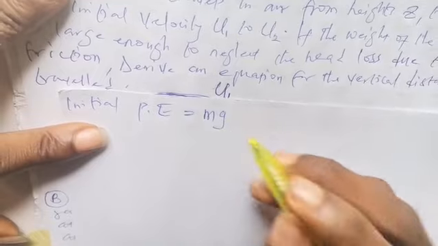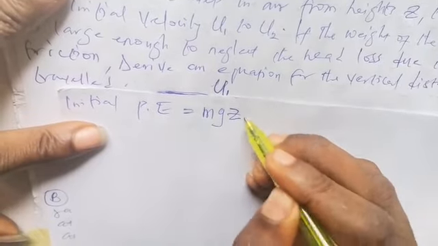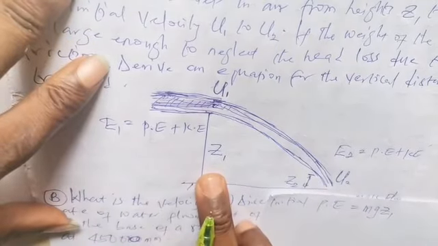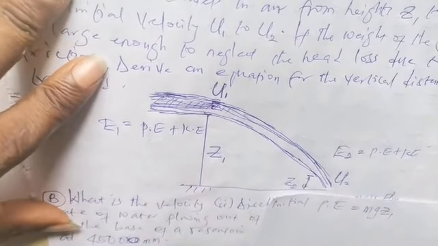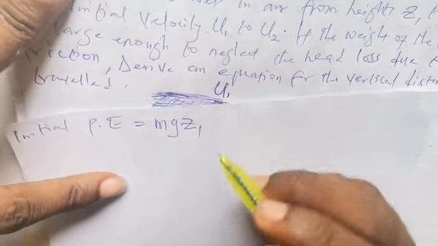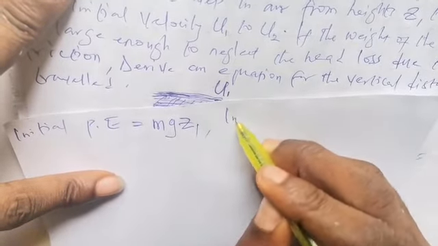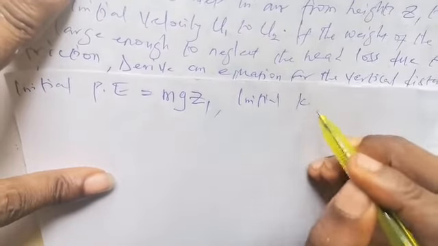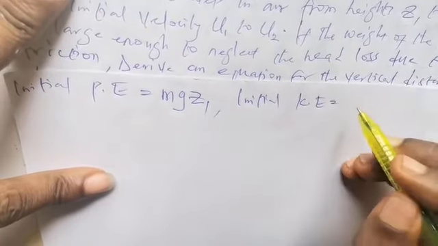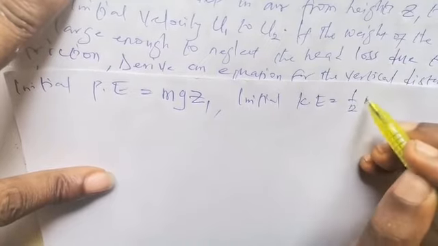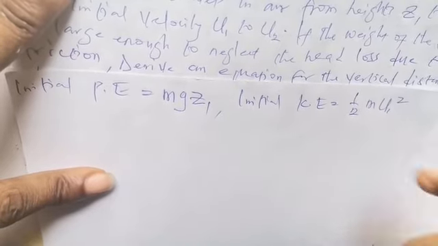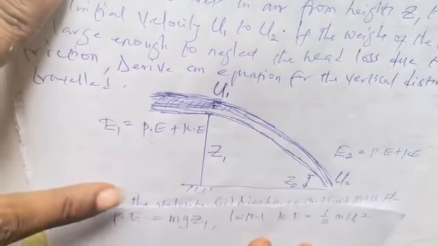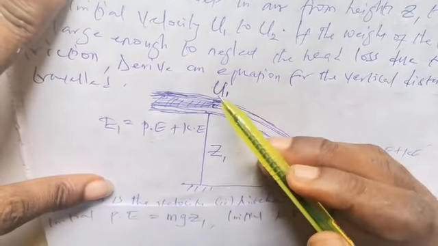So mass times g times z1. z1 indicates the position, which is indicated here as z1. The initial kinetic energy is also given as one half times m times u1 squared, where u1 stands for the velocity of the flow. As indicated there, this is the speed of flow u1.